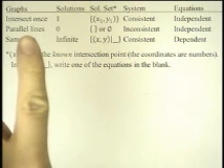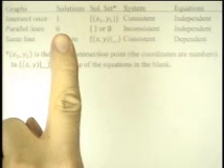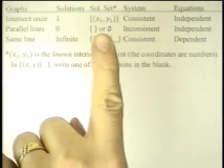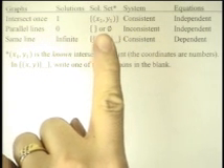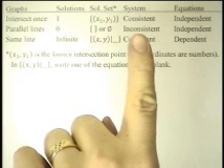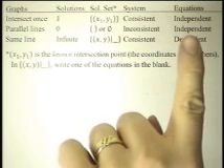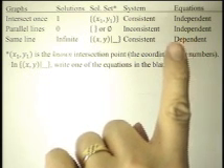The second type is if we have parallel lines, then they never intersect, so there is no solution, zero solutions. The solution set is the empty set.